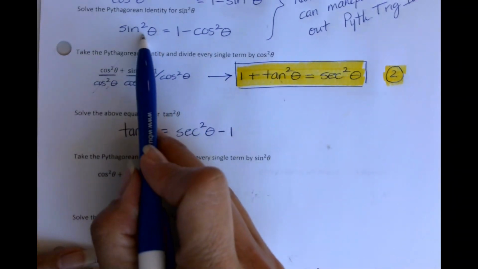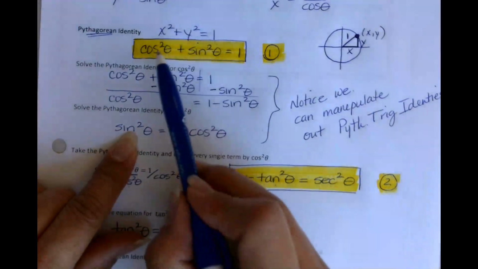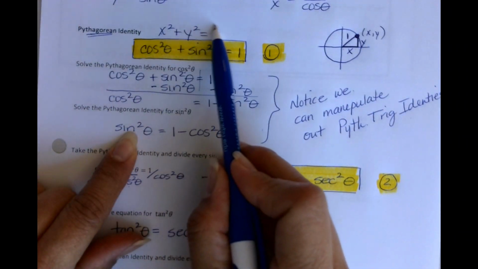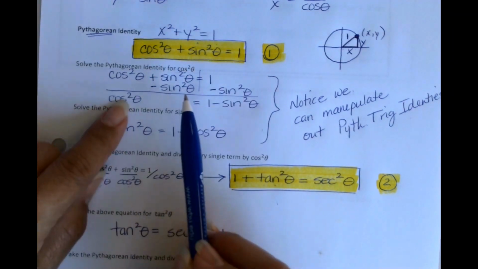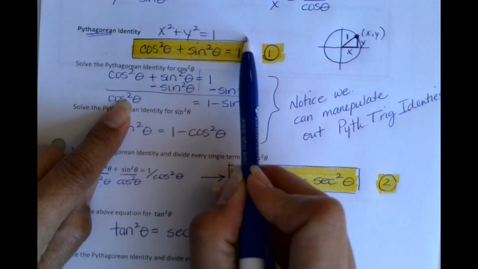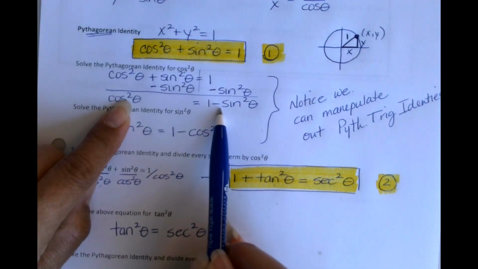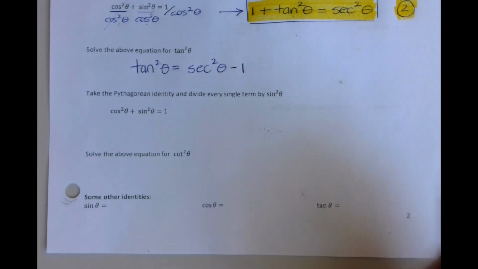Over here, if you notice, when we solved for sine squared, the cosine squared jumped over the equal sign and became negative cosine squared. If I was solving for cosine squared, the sine squared left the left-hand side, came over to the other side, and changed sign. So anytime you jump over that equal sign, so to speak, you will switch the operation from plus to minus or minus to plus.